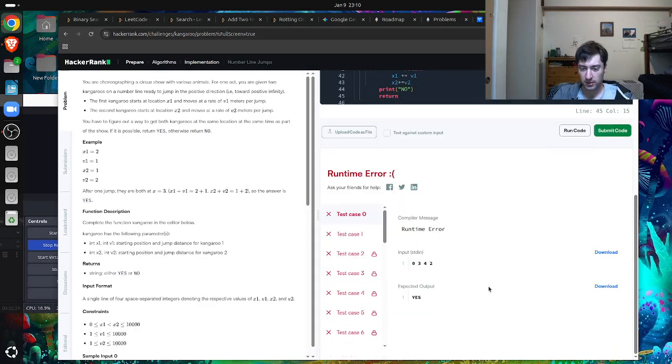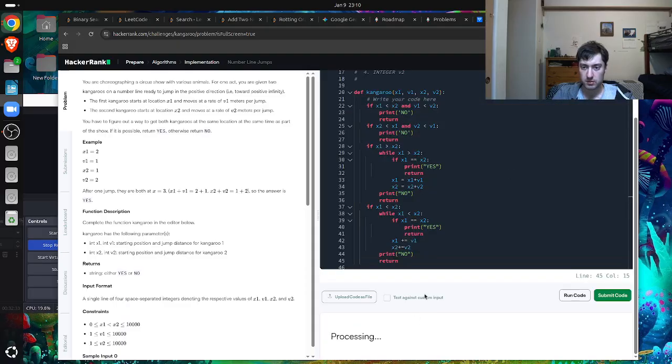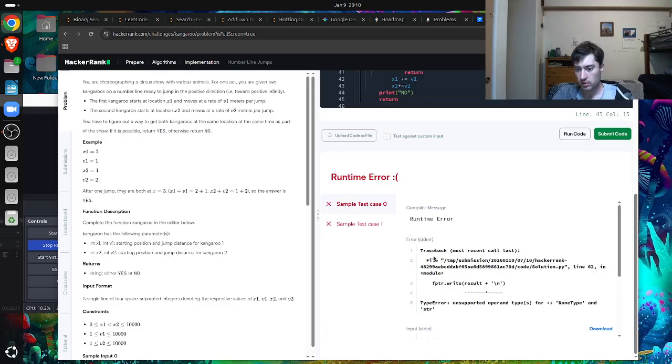Runtime error. Why is this? Expected output is yes. What did I give? Why are we angry? Okay. Supported for type none.